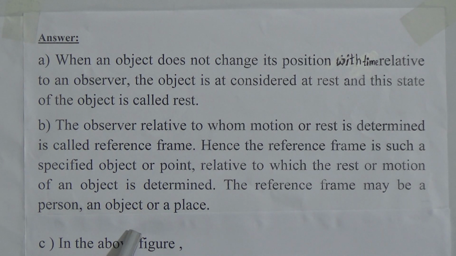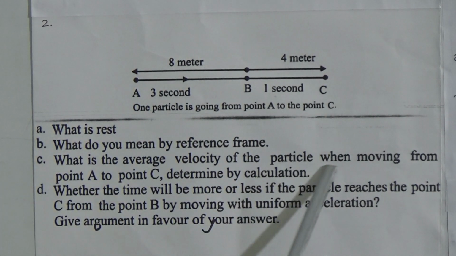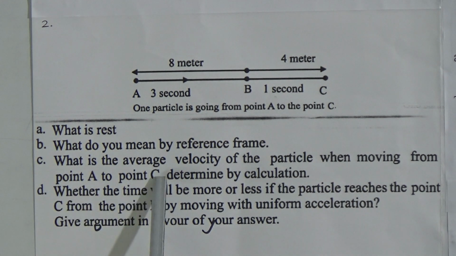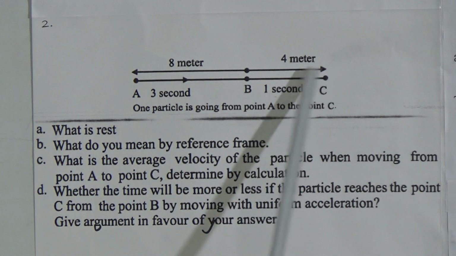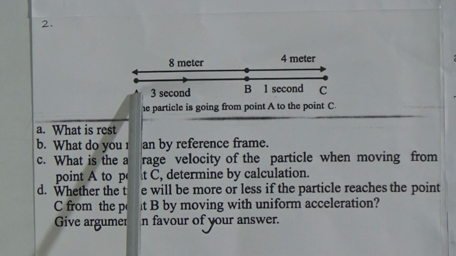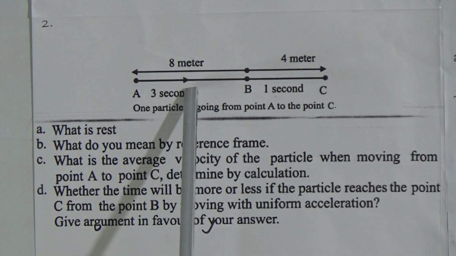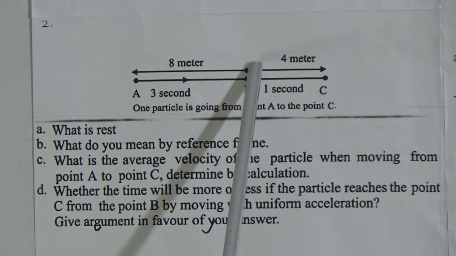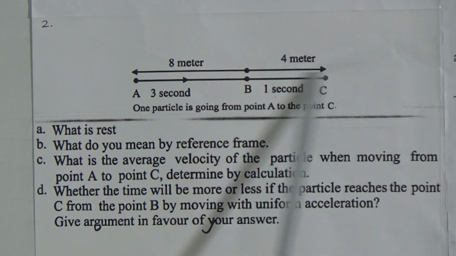Now, for C, we have to come to the question and the stem. Here the question is what is the average velocity of the particle when moving from point A to C? Dear students, come to the stem. Here the particle goes from point A to B and it takes 3 seconds and covers 8 meters, and from B to C the object takes 1 second and covers 4 meters.